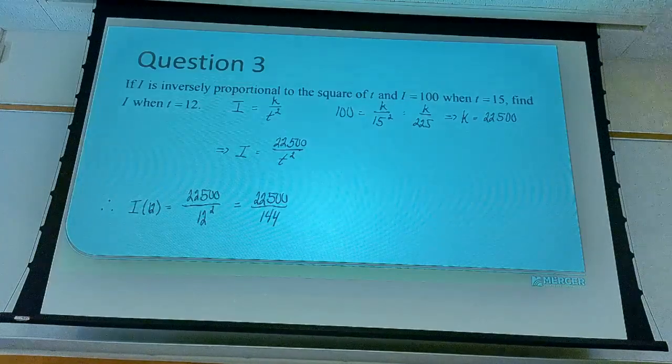You know it's 225 times 100, right? 100 is 10 squared, which is 5 squared times 2 squared. 225 is 15 squared, which is 3 squared times 5 squared.